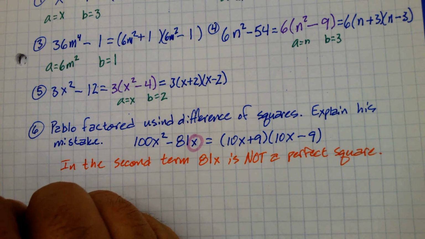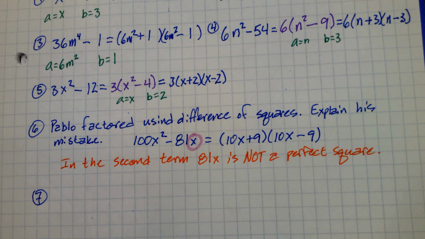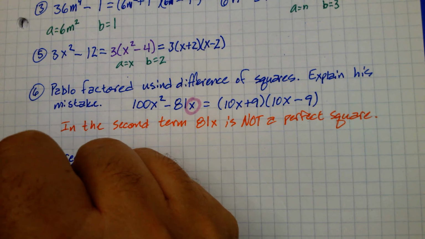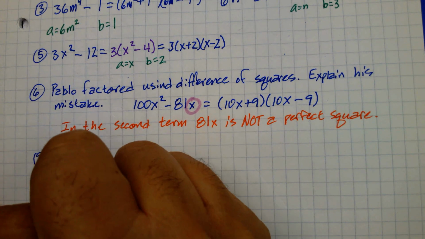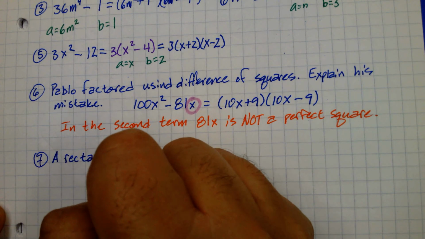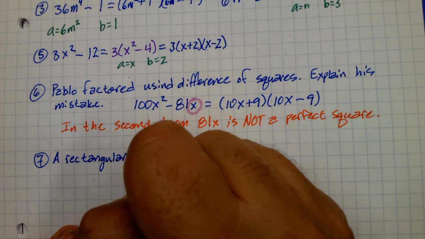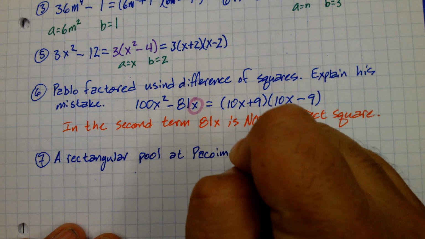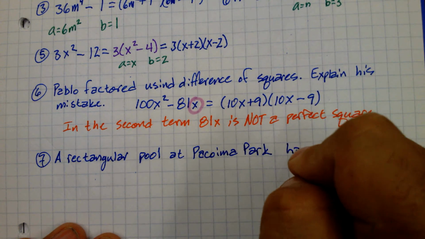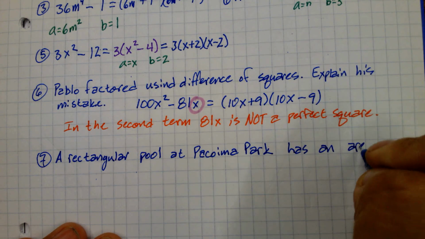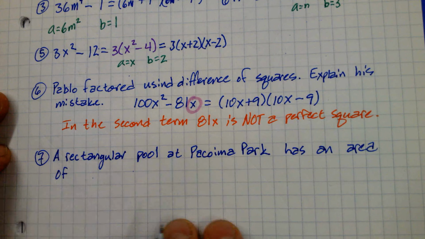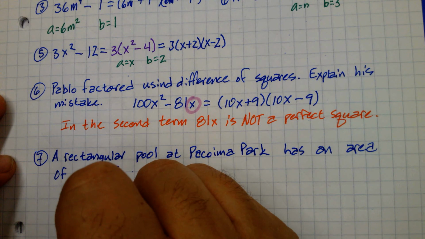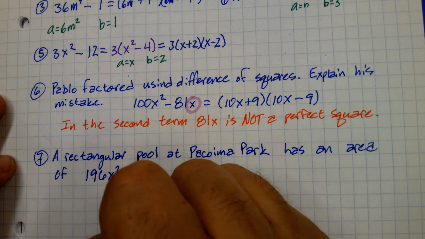And we'll do the last one now. Okay. So in the last question, we're going to say a rectangular pool at Pacoima Park has an area of 196x squared minus 49 square inches.